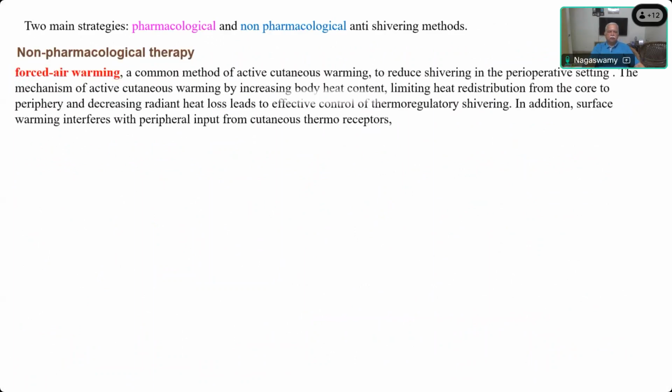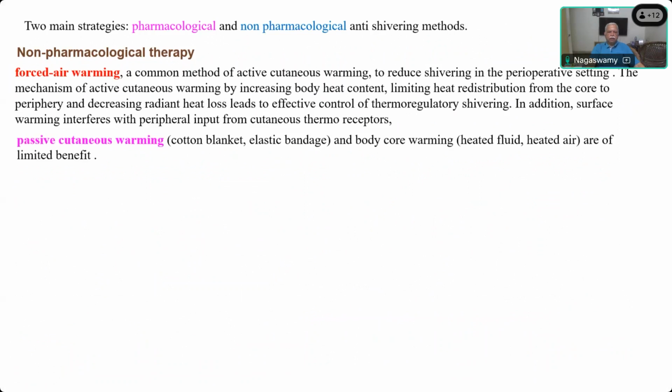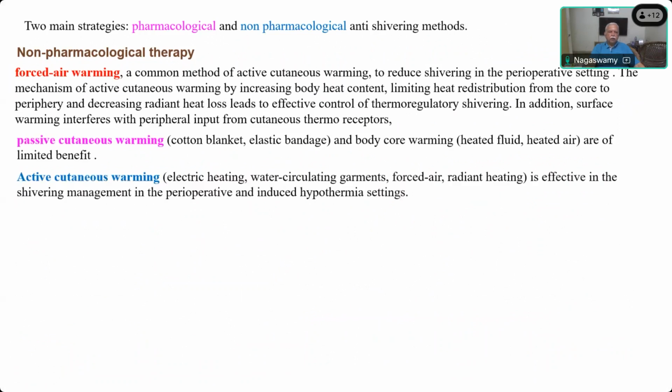Non-pharmacological methods are forced air warming, the most common method we use every day, and passive cutaneous warming, like just putting a cotton blanket or covering the body with heated fluid, or active cutaneous warming with electric heating, water-circulating garments, etc. So these are the non-pharmacological methods.